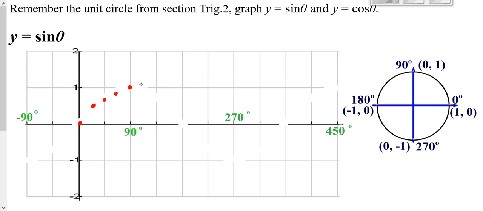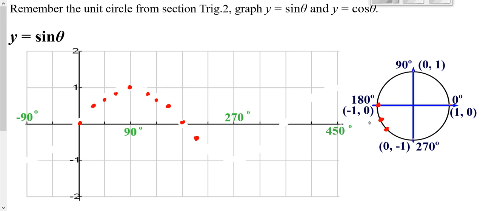And then if you kept going around your unit circle to 120, to 135, and then went to 150, then went to 180, sine of 180, which is once again over here. Then if you went to sine of 210, that would be negative 1/2.